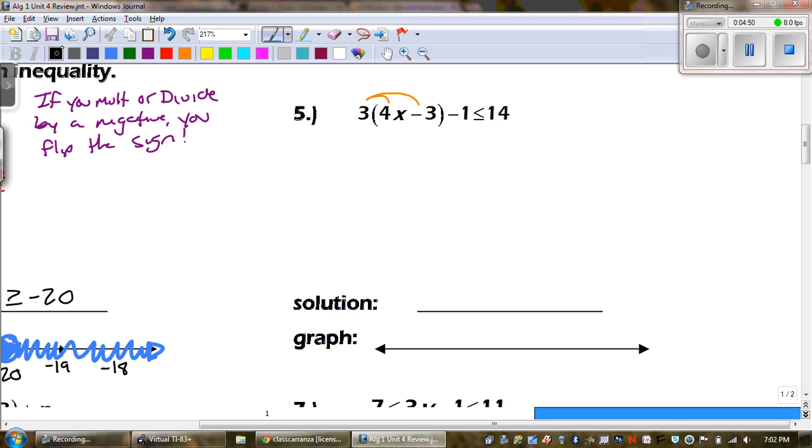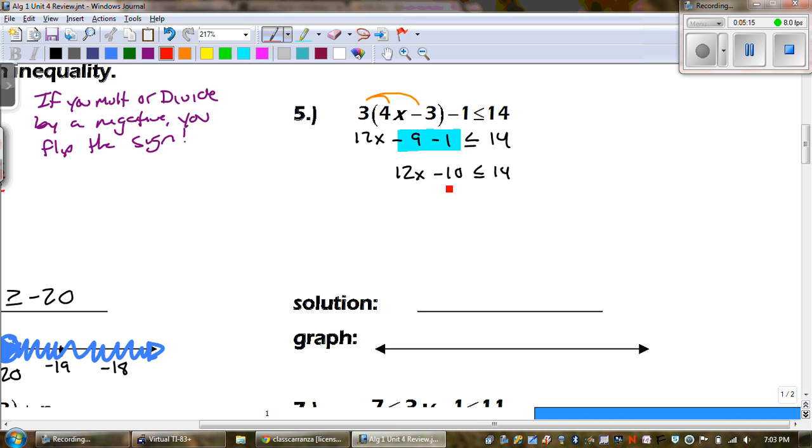All right, number 5, we have to distribute. We get 12x minus 9 minus 1 is less than or equal to 14. You can combine your like terms, and you get 12x minus 10 is less than or equal to 14. Guys, from this point right here, you should be able to solve it.